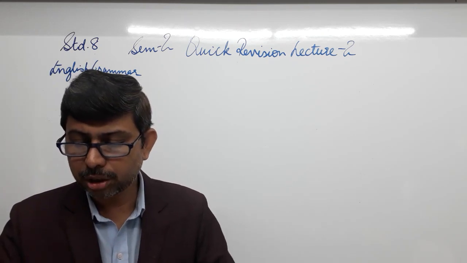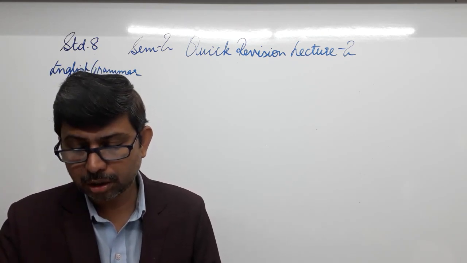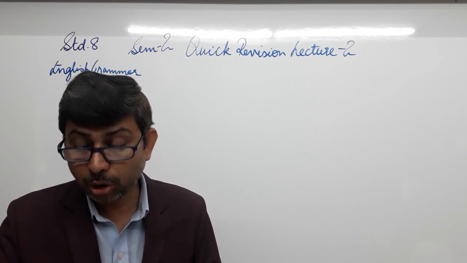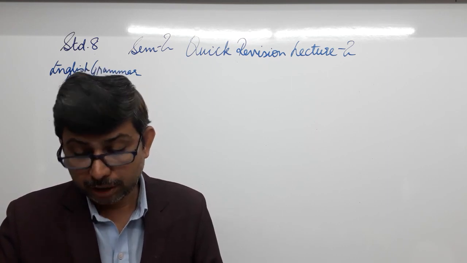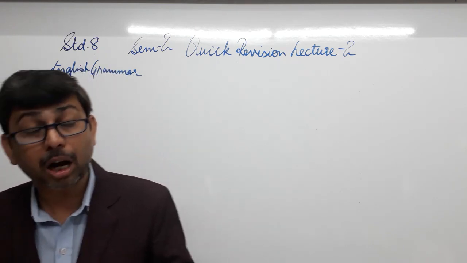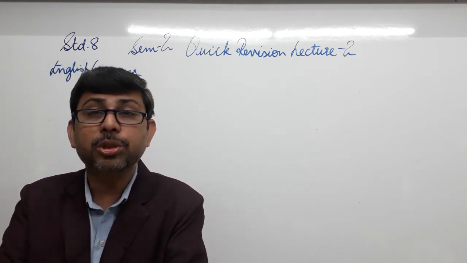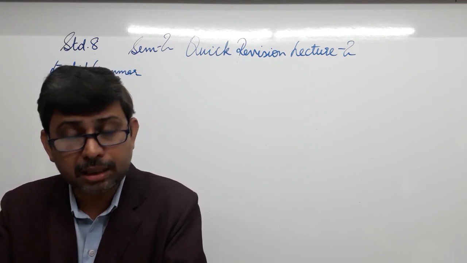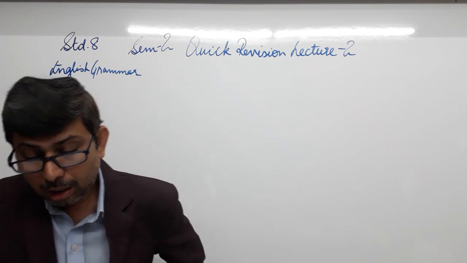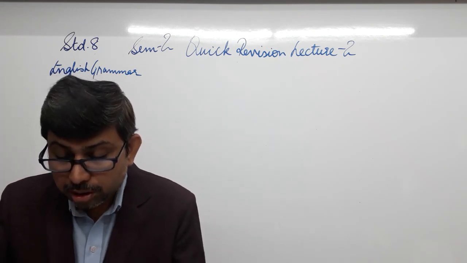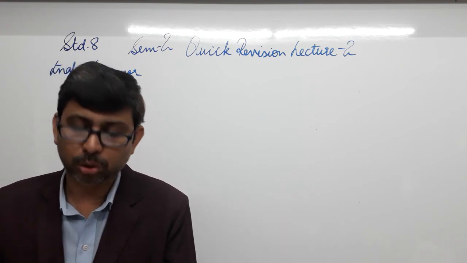The next condition you see, type 2, unlikely condition. If you did A, the result would, might or could be B. It is used to describe something unlikely to happen or to describe an unreal situation. So this is just the opposite of type 1. In type 1 we said real, here we are saying unreal. If she saw a monster, she would scream, she might scream or she could scream.